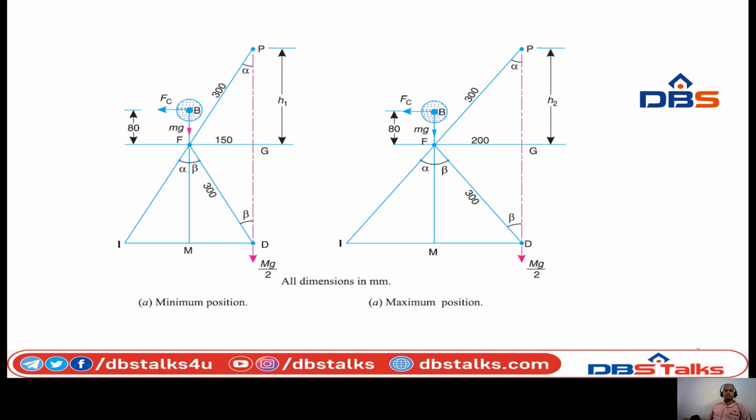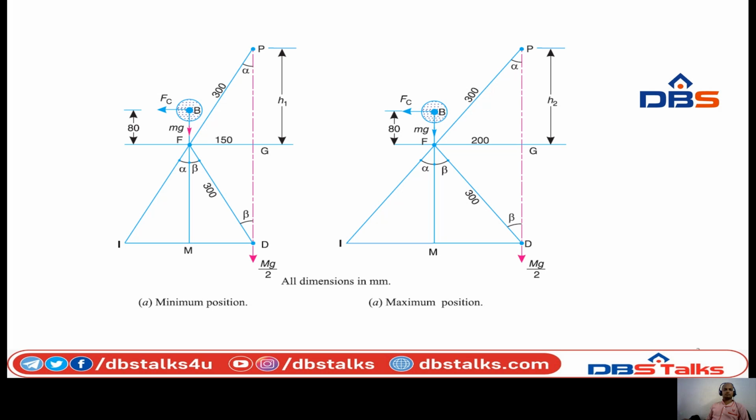That is a right angle triangle, so the hypotenuse PF is known. PG is equal to the square root of PF square minus FG square. So finally we get the height as 0.26.